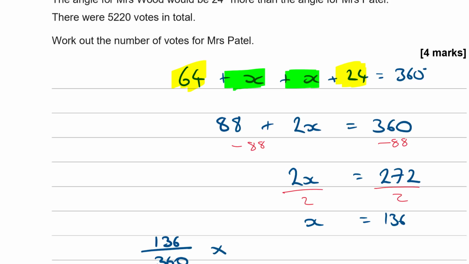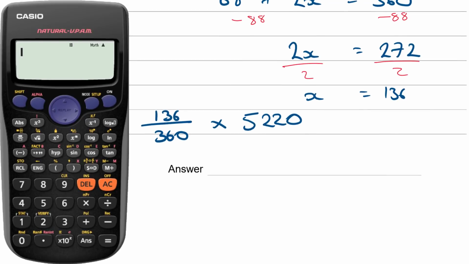So what is 136 360ths of 5,220? We can just tap that into the calculator using the fraction key. So 136 over 360 multiplied by 5220 gives me a total of 1,972.